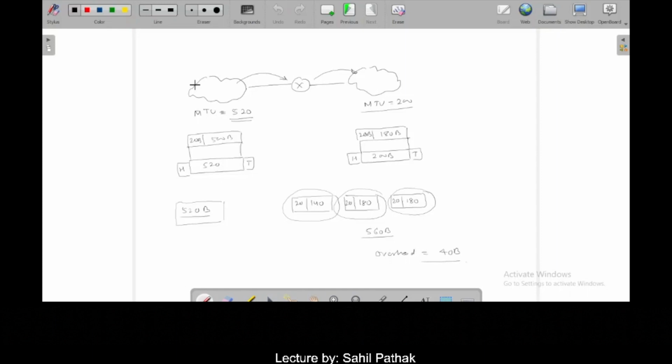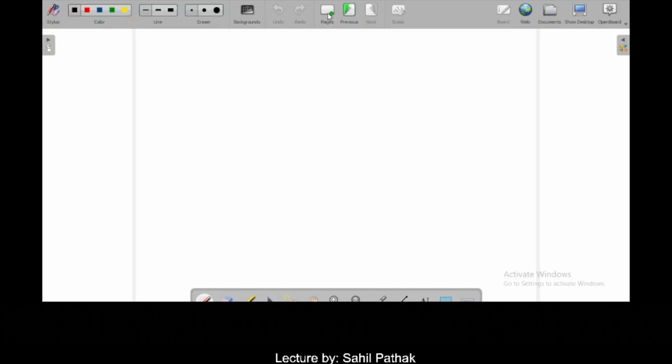So let us say we have discussed that the receiver has to combine these fragments. And to combine all these fragments, the receiver must know that they belong to the same datagram, okay. That means we need a field, and hence we need the field identification number.